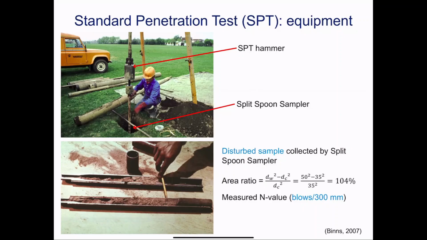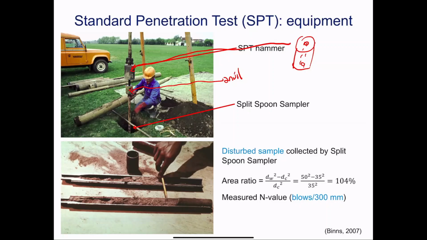So this is your hammer. It's essentially, there's a hole in it, and it gets lifted along a particular rod to a specified height and dropped onto the anvil.